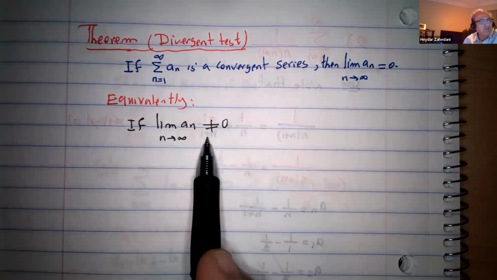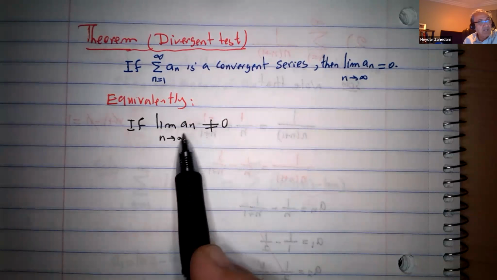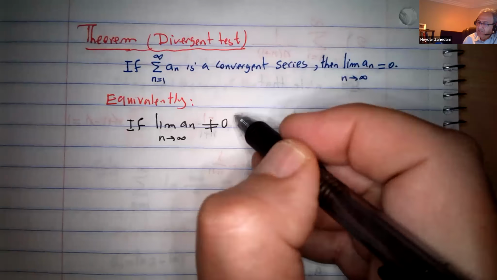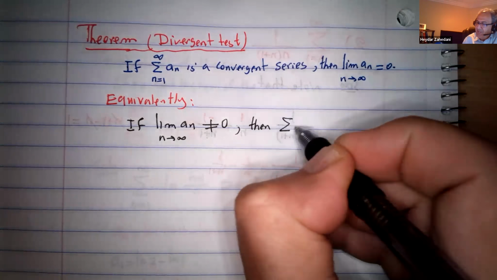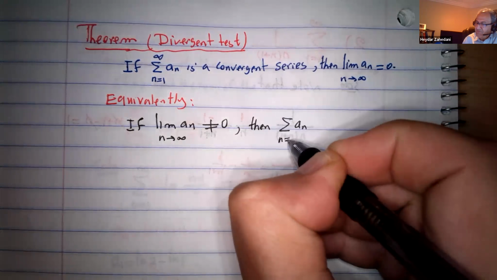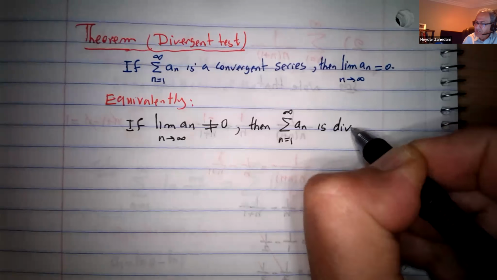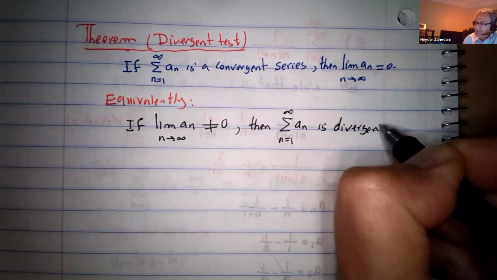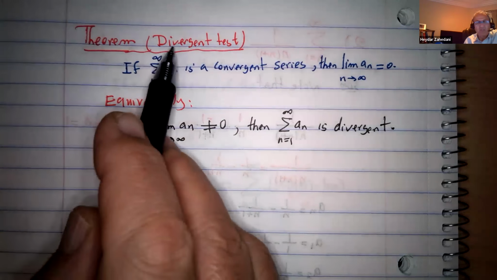That's the one that you're going to use from this theorem, not this part. So if the limit of an is not equal to 0, then sigma of an, n from 1 to infinity, is divergent or is not convergent. That's why I call it divergent.